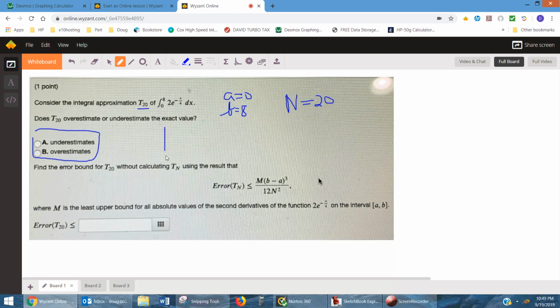have to know that on the interval from 0 to 8, this function is strictly decreasing. And how can you know that?